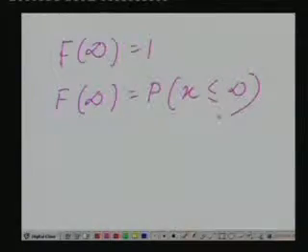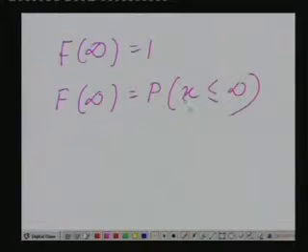Now you see, by the definition of a random variable, for no experimental outcome can x really take the value infinity, because the corresponding probability was 0, which means this event includes all experimental outcomes, because all of them are taking finite values. So, this means the total event for which the probability is 1. So, this is equal to 1.